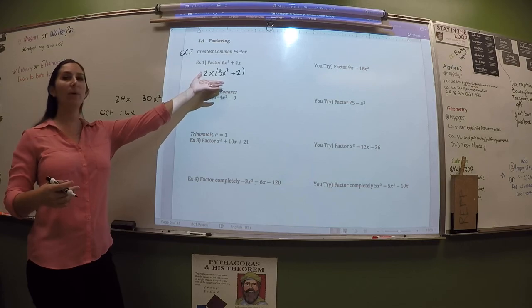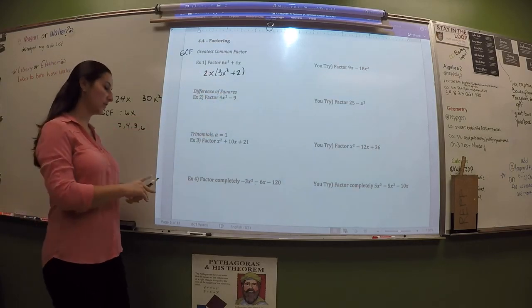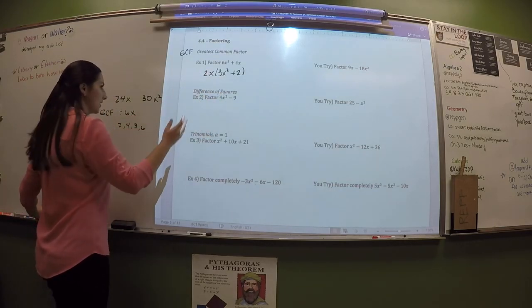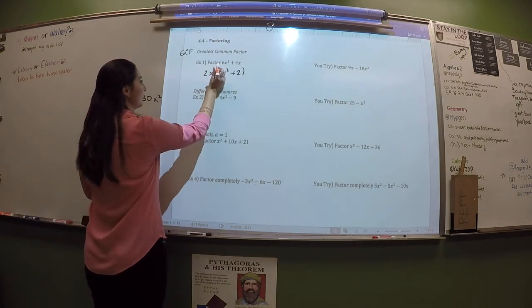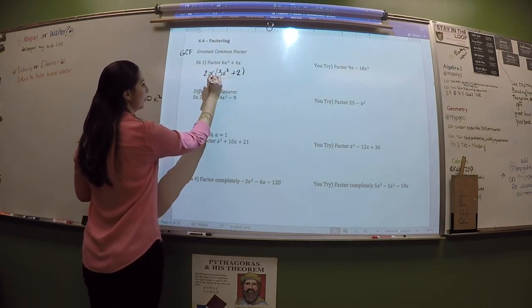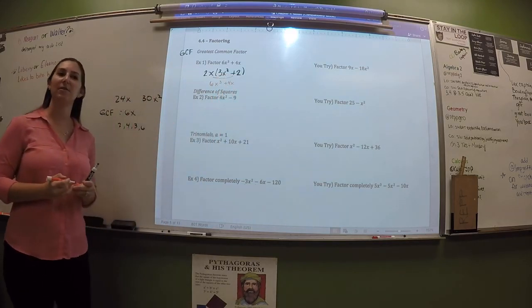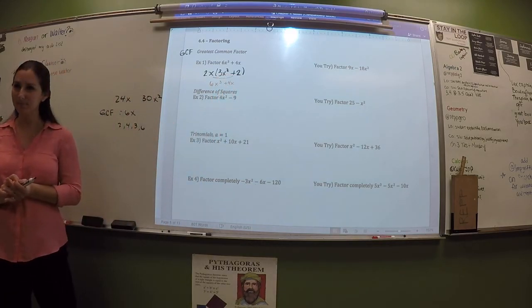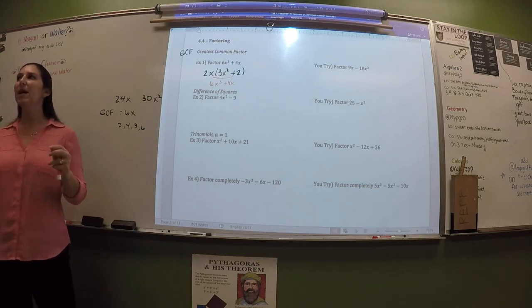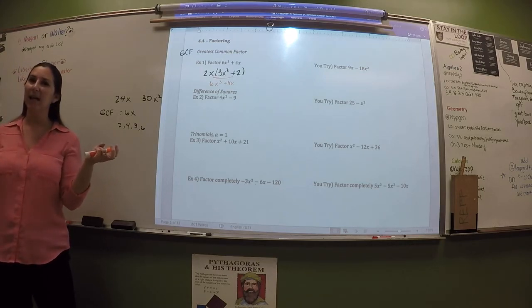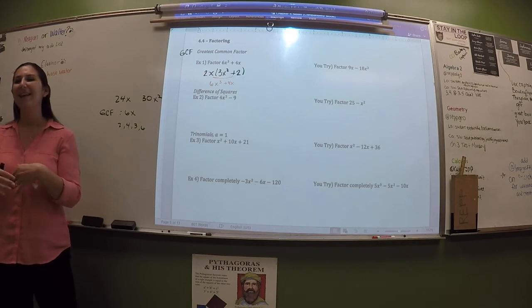If we were to distribute, which is hypothetical, you don't want to do this because we're done, but if you were to distribute, you should get what you started off with. If you don't, that means you factored out the greatest common factor wrong. So in a nutshell, we're dividing, and if we multiply, we should get the original thing.